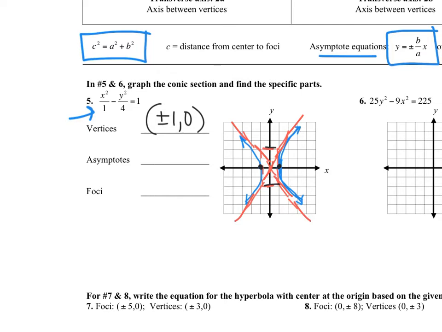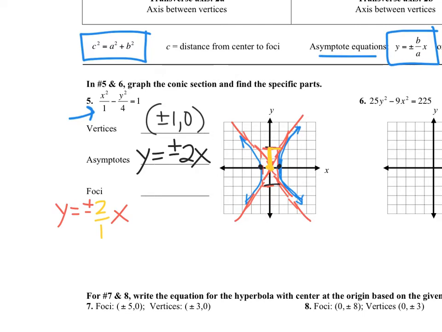The way that you find the asymptotes is you do y equals plus or minus rise over run. If you look at this, you rise 2 from the center and you run 1. So the slope is 2 over 1, and then don't forget the x. So our asymptote equations, there's 2 of them: y equals plus or minus 2x.